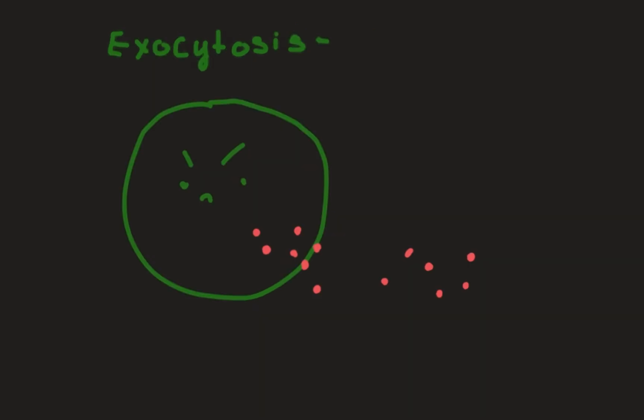So here I have exocytosis, which is the process by which cells move waste and or large molecules out of the cell. This process actually is part of active transport, or uses active transport, and vesicles usually do this. As mentioned before, the Golgi apparatus deals with this type of stuff.